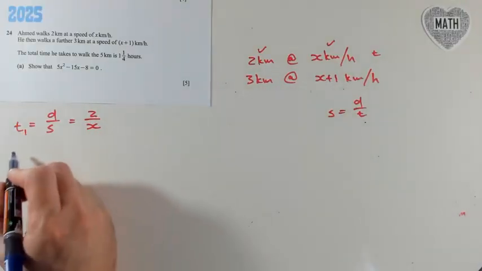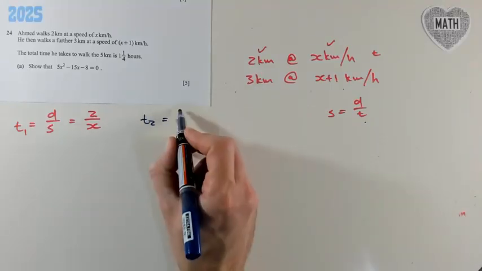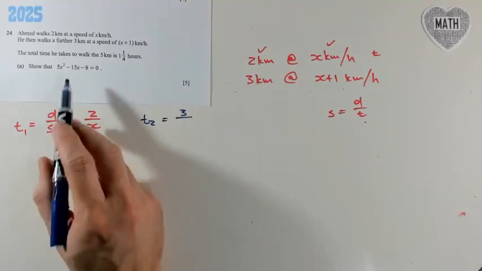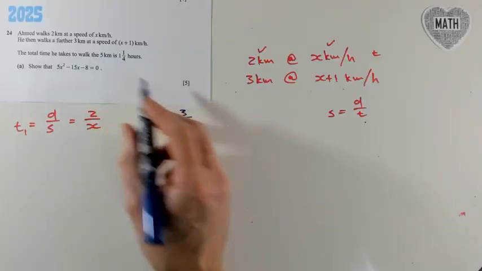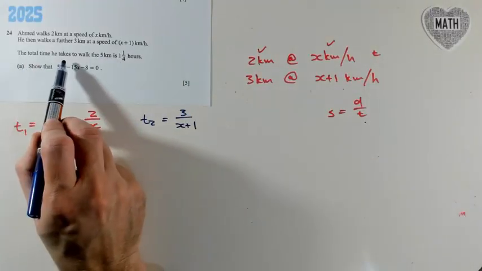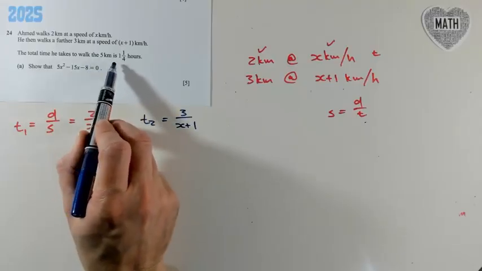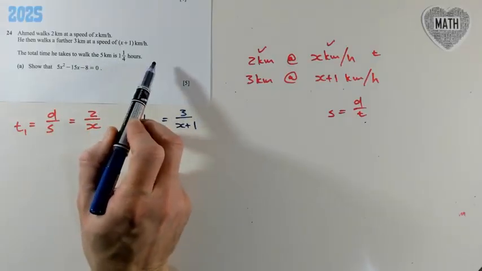And then I'll do time 2. Time 2 is going to be the distance of 3 kilometers, and the speed was X plus 1. And they say the total time he takes to walk the 5 kilometers is 1.25 hours.